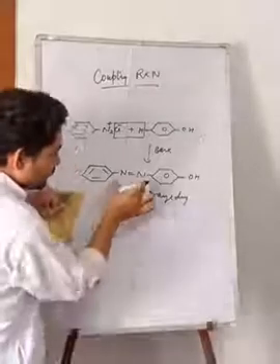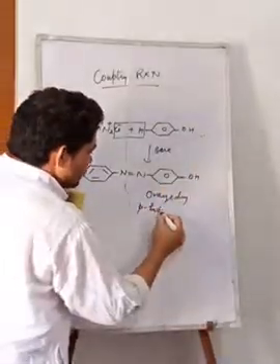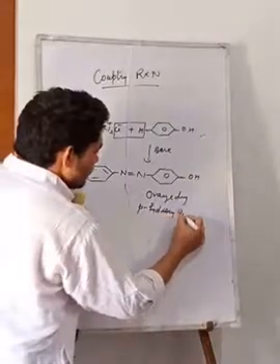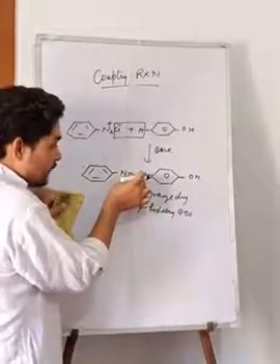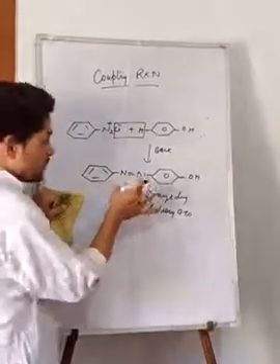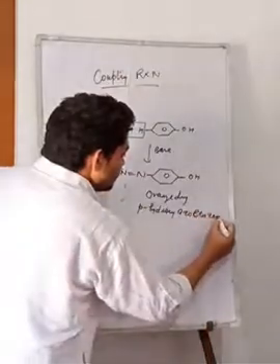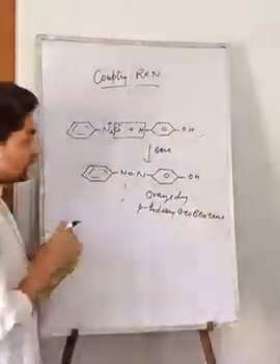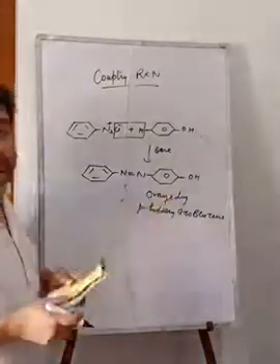What is the name? This is para-hydroxy azobenzene, because this compound contains nitrogen bonded and attached to two benzene rings. This is the formation of the orange compound, that is, orange dye.